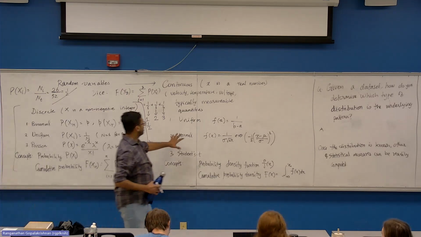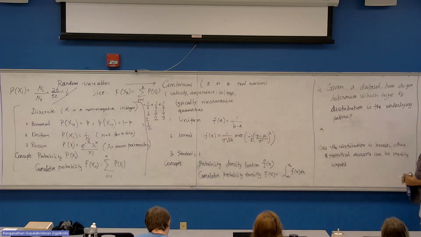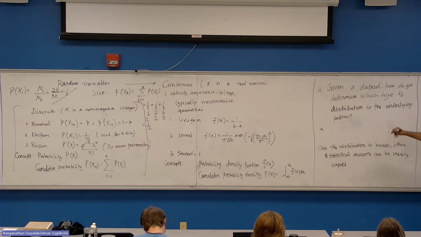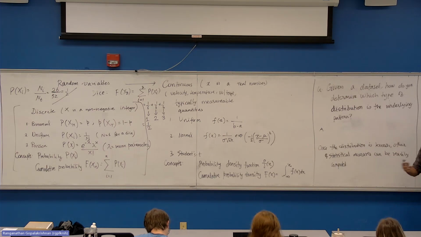So today I'm planning to talk about continuous random variables, but before I do that, I want to ask a question and want an answer from all of you. If you are given a data set, meaning a long list of numbers or a long list of outcomes.